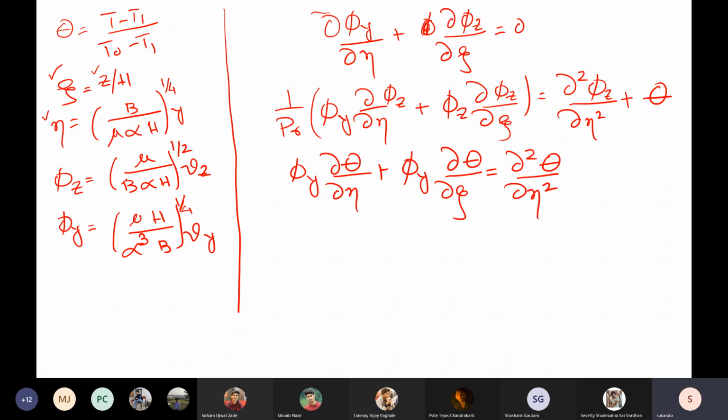Okay, let's look at the first equation. Once again, I point to the appearance of temperature in the equation of motion, which couples it to the energy equation where theta appears. And of course, the velocity terms are there in both the equations.